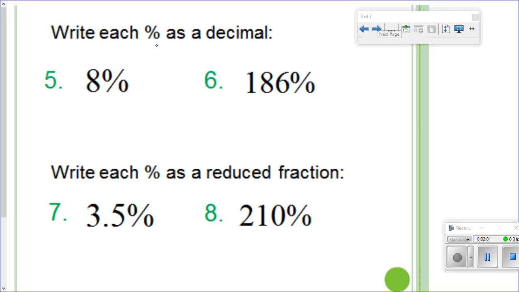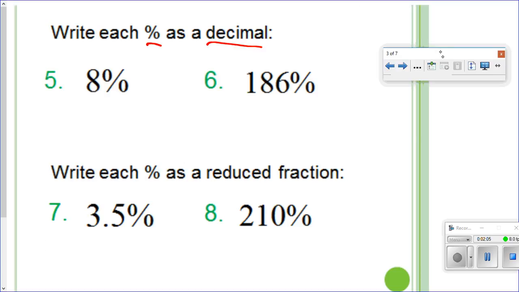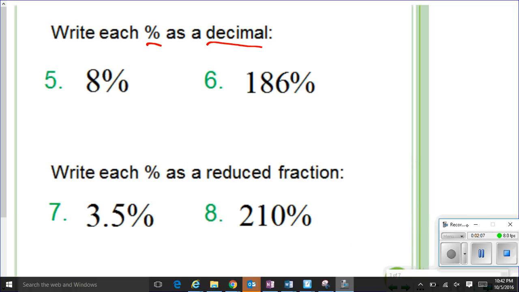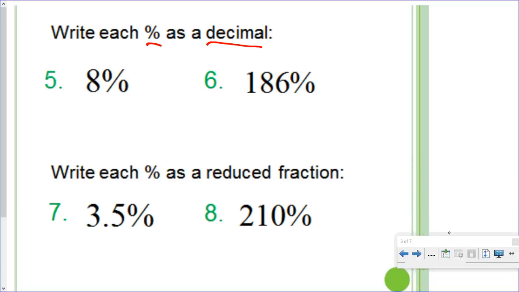Moving on, write each percent as a decimal. Again, we've got some things that we need to remember. The most important thing is that percent means out of 100. It's very specific. Whenever we have 8%, it's 8/100ths, so 0.08, like that.